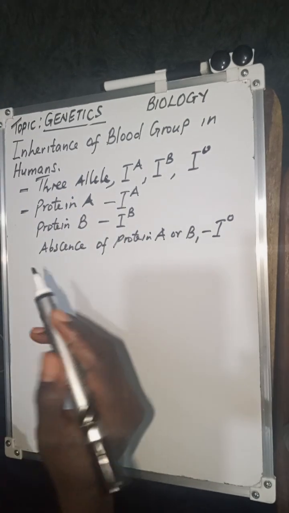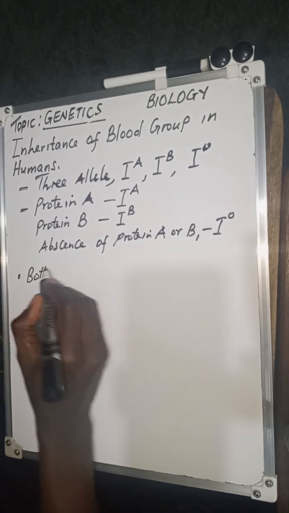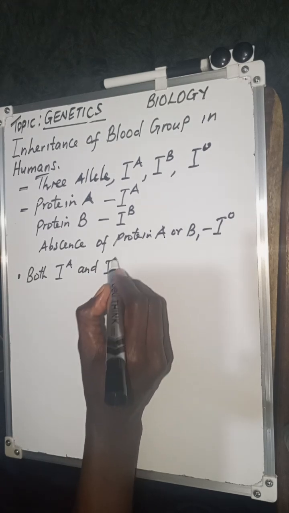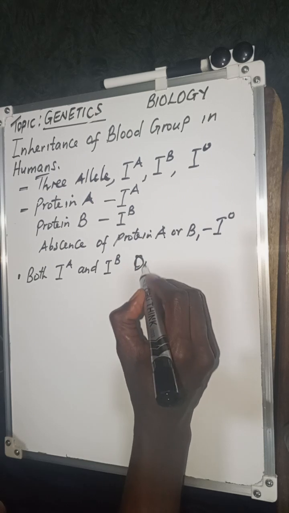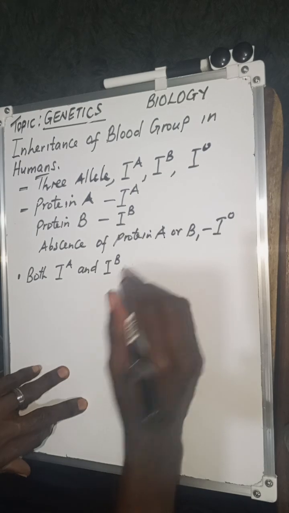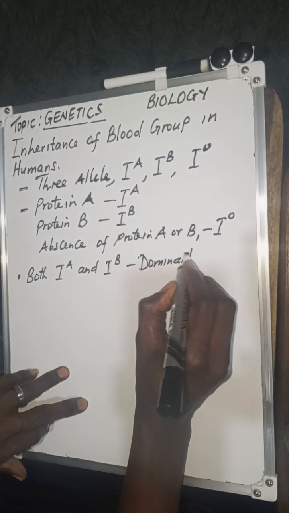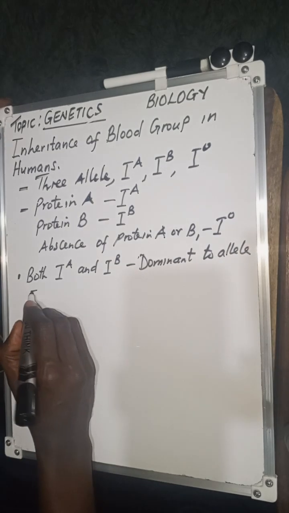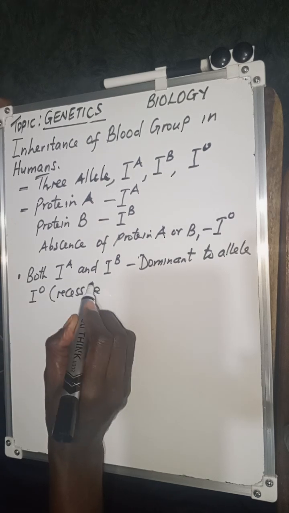Now, what you need to remember is that both allele A and allele B are considered to be dominant. They are both dominant to allele O, which in this case we can say is recessive.